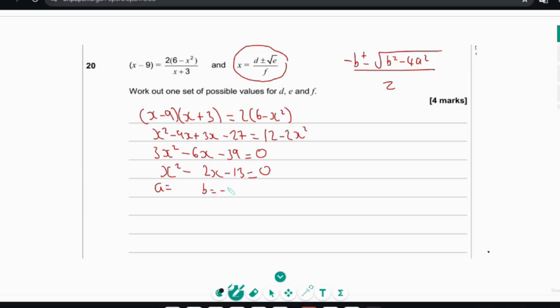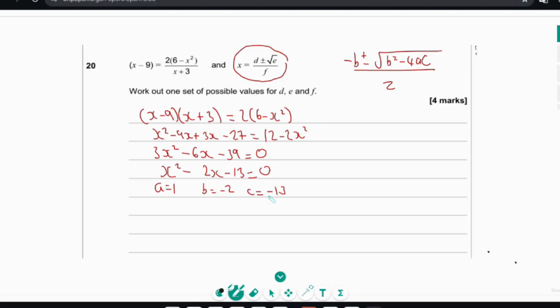So this is the reason why it says work out one set of possible values. You could have actually used a is 3, b is minus 6, and c is minus 39. If you use those values correctly, you would have had different values in your equation.